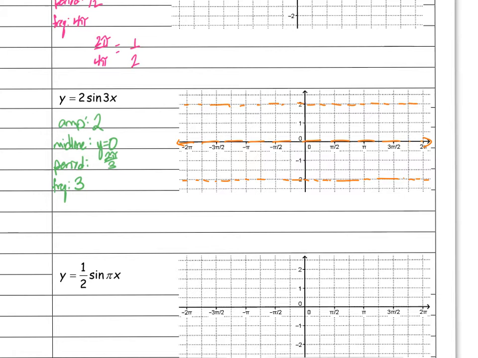So I have sine, so where am I starting at? I'm starting at 0, 0. And I have to have a complete revolution in 2/3 of pi. 2/3 of pi. So here is, again, I hate 2/3, but here we go. 1/3, 2/3 of pi.